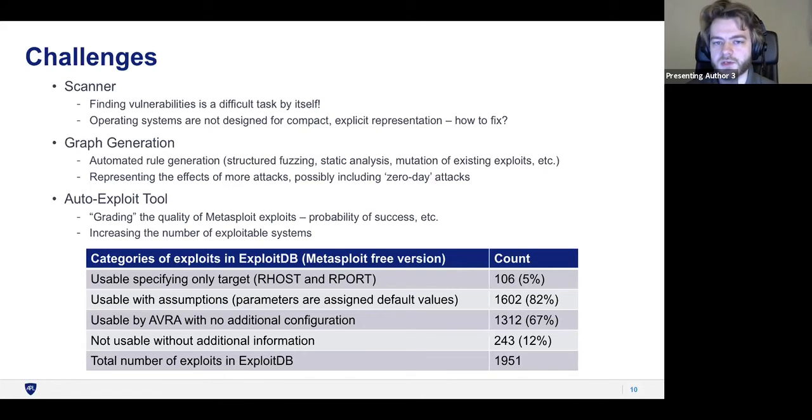So using some very simple heuristics and fitting in the information we get from the attack graphs, we can launch more than half of the exploits in the exploit DB and do that automated reasoning. So that's really nice to see.